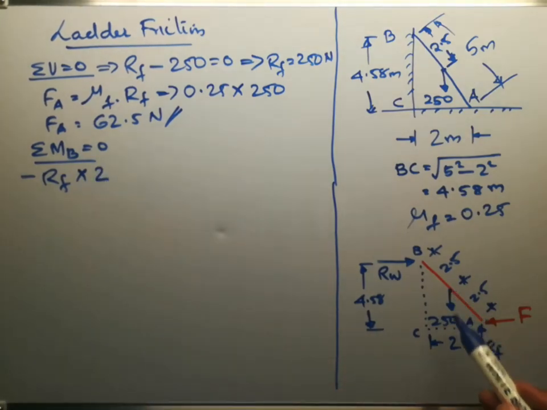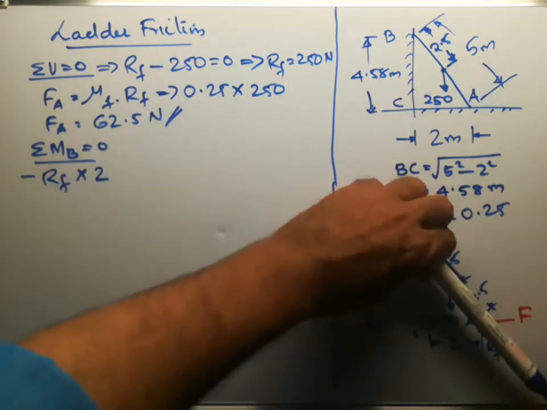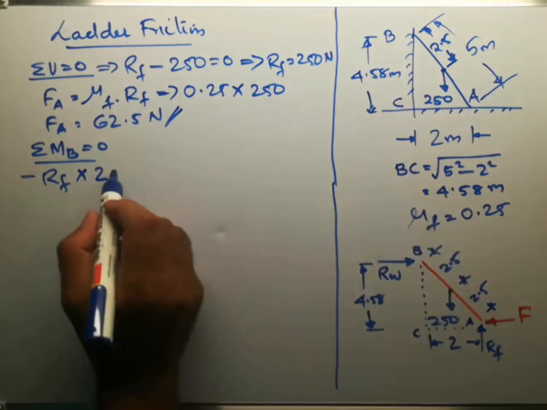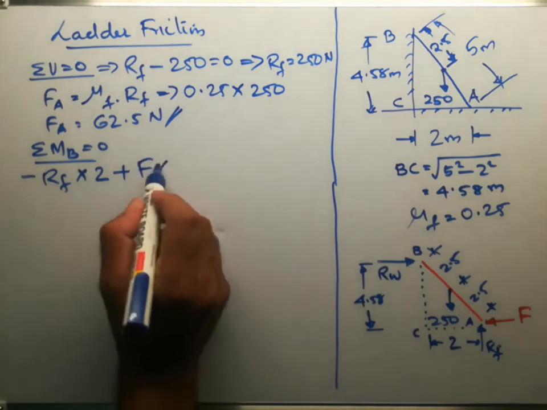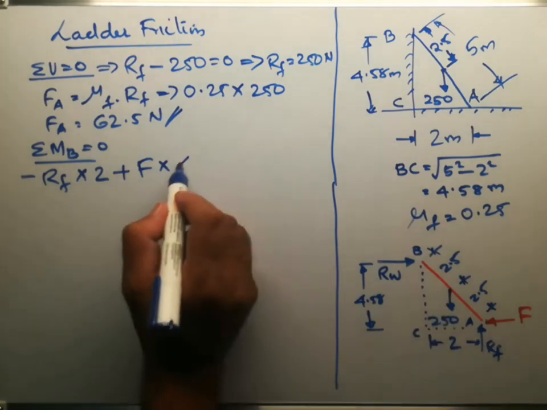Next is the frictional force F, which makes a clockwise moment, plus F into the perpendicular distance 4.58.